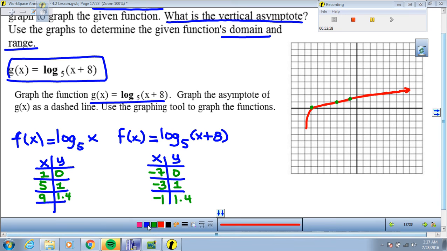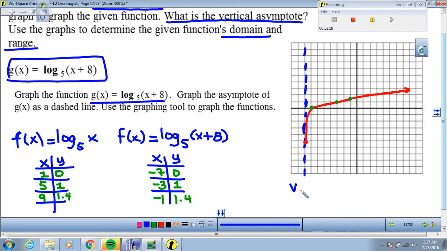So that means that at negative 8 there is a vertical asymptote that is not letting this graph go to the other side. But technically this should continue going down. It's just the calculator doesn't do a good job at showing.